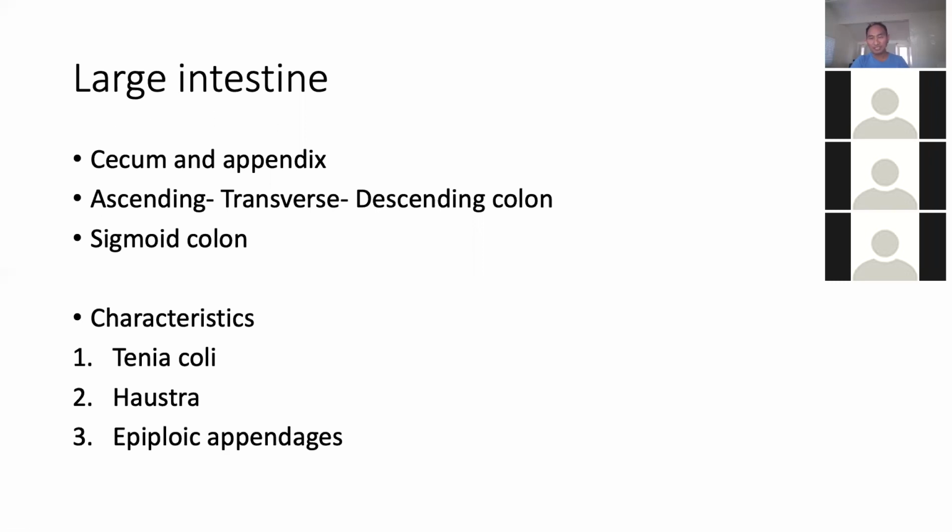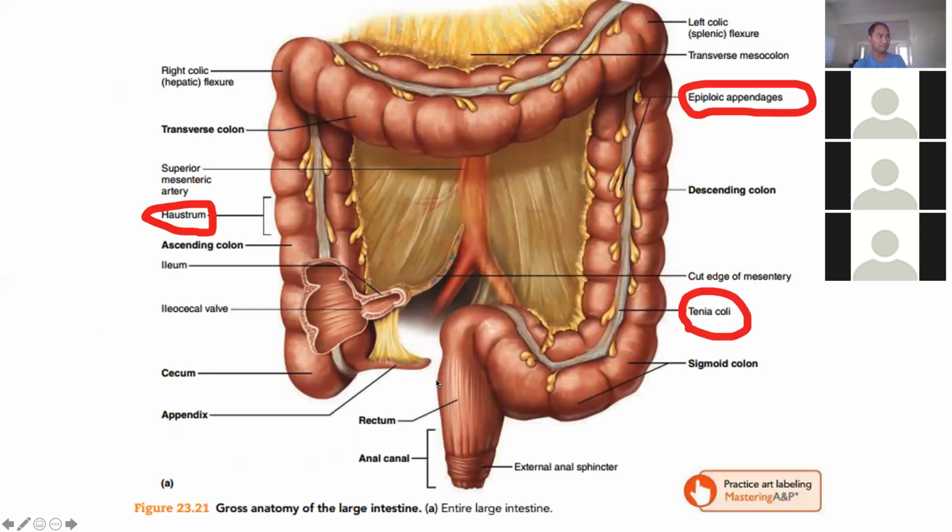The large intestine has some peculiar characteristics. These are: they have taenia coli, they have haustrations, and they have epiploic appendages. What are they? Let's look at that.